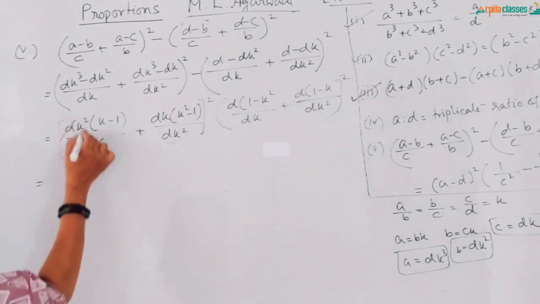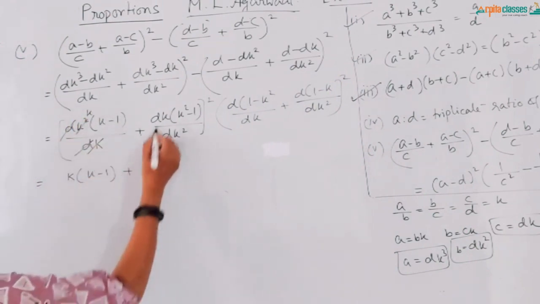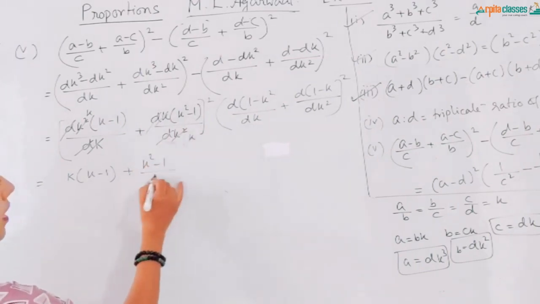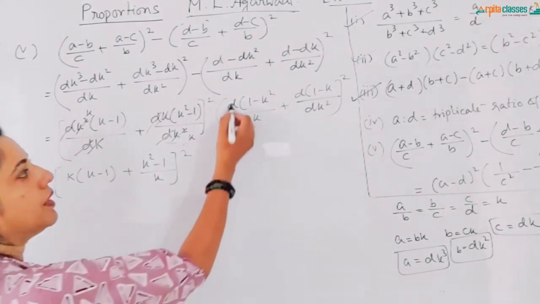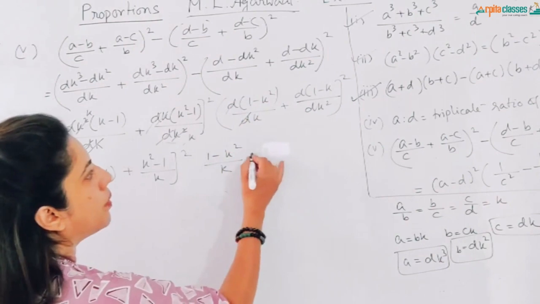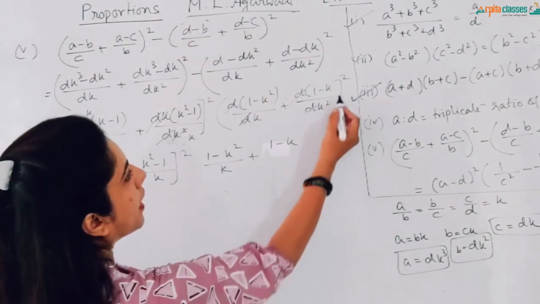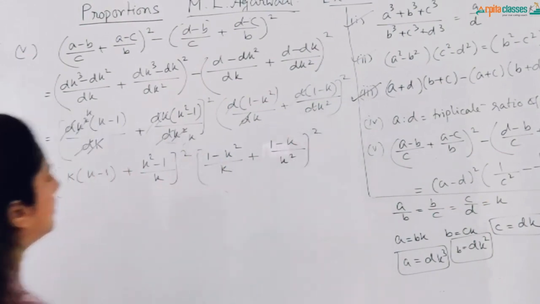D, k, and this is k only. So k whole into k minus 1 plus d gets cancelled. So it is k square minus 1 upon k. This whole thing has a square. Here d gets cancelled. So it is 1 minus k square upon k plus, d gets cancelled, 1 minus k upon k square the whole square.